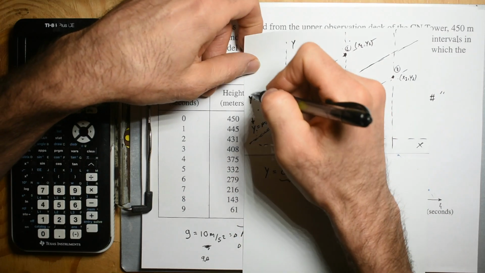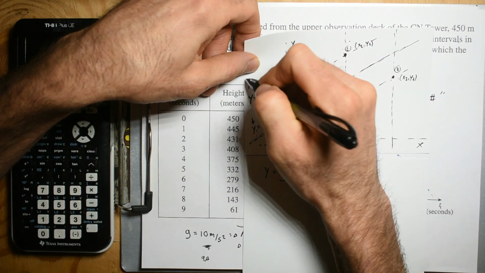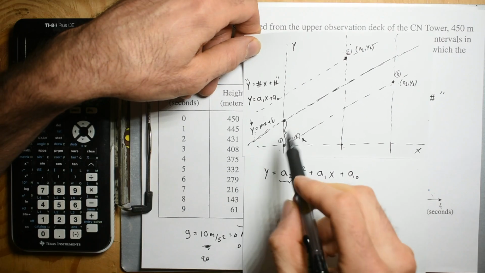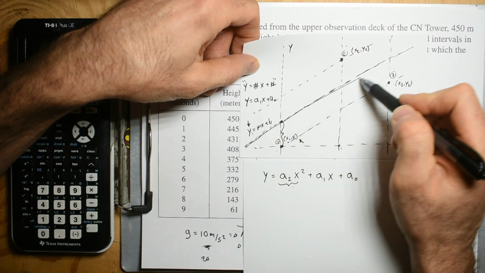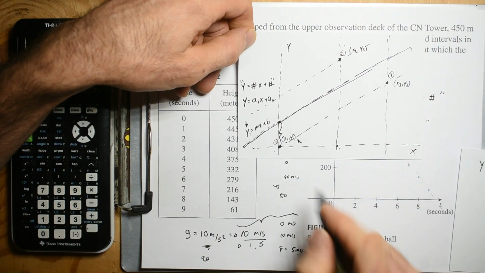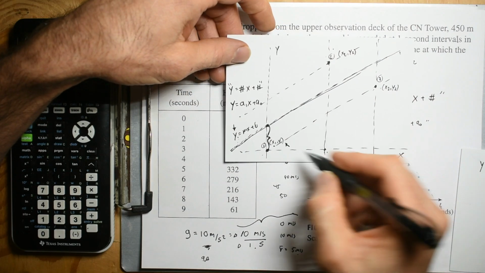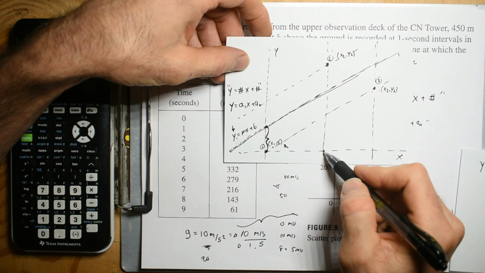And so I could say that this equation is just some number times x plus some number. And I'm just going to say that we got it. And that's the equation that we got. And so now we're going to look at, yeah, so that's useful.